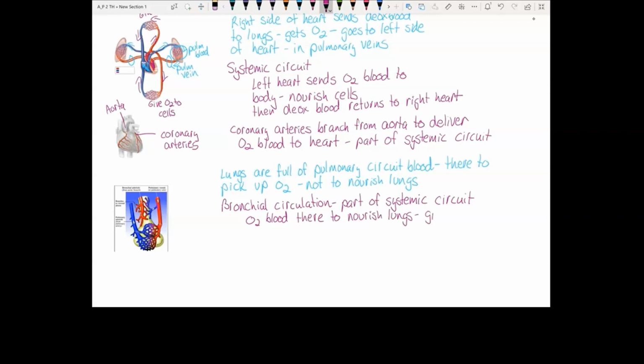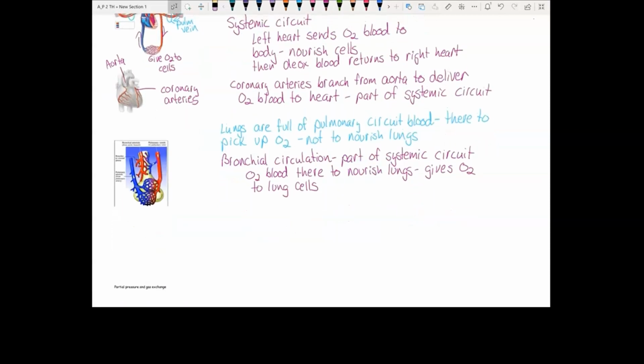And it gives oxygen to your lungs. So there's actually two sets of blood in your lungs. There's the blood that is part of the pulmonary circuit that is just there to get oxygen.